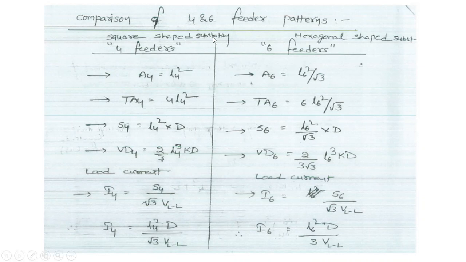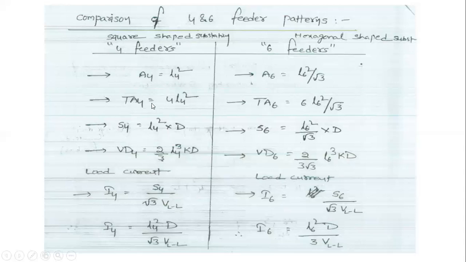So the area for a single feeder for the square shaped distributor is A4 equal to L4 square, and A6 equal to L6 square by root 3.